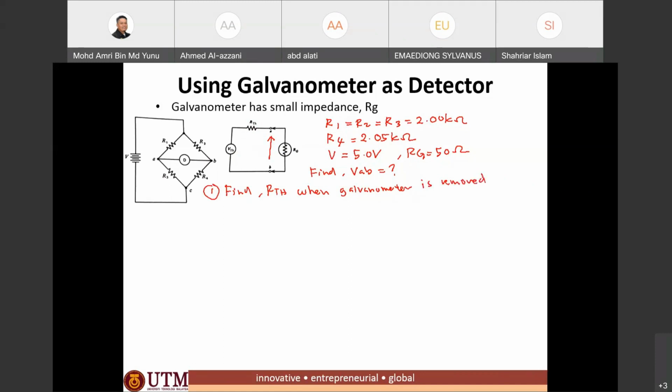And then we see it in between A and B. And V is short circuit. Okay, so the first step here, our circuit will look like this.